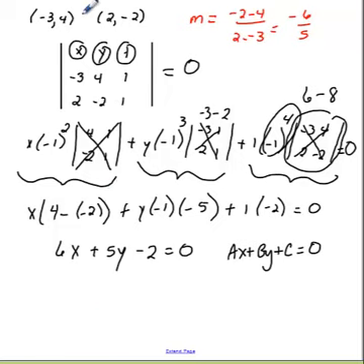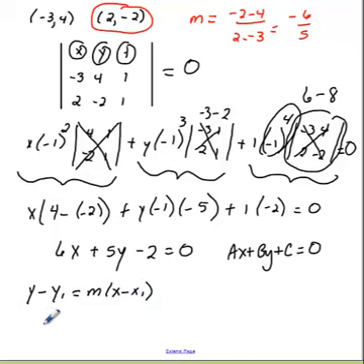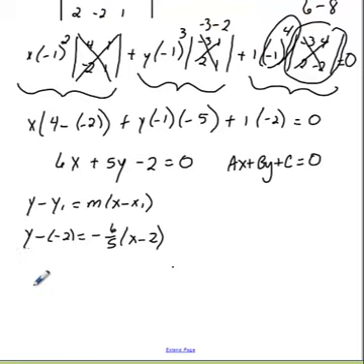In one of the ordered pairs, I'll just use the second ordered pair for x1 and y1. And the point-slope formula is y minus y1 equals m times x minus x1. So I would have y minus negative 2 equals m times x minus 2. Solve that out.